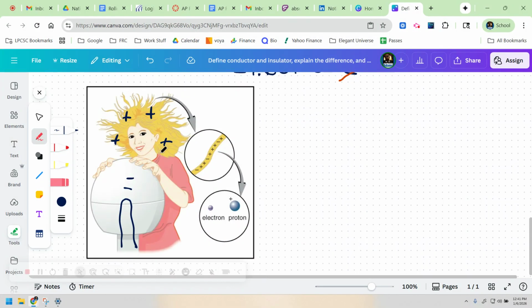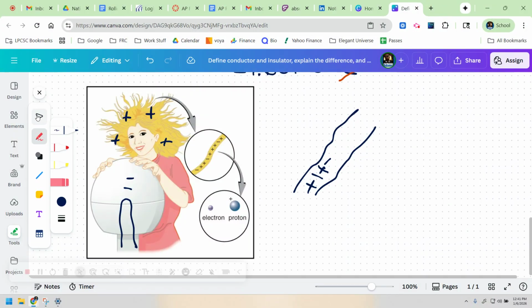But think of it this way: I have a positive charge here, then a negative charge, and a positive charge here, and a negative charge here, and this pattern continues throughout my hair. So this is like a human hair, right? What happens is these will cancel out.